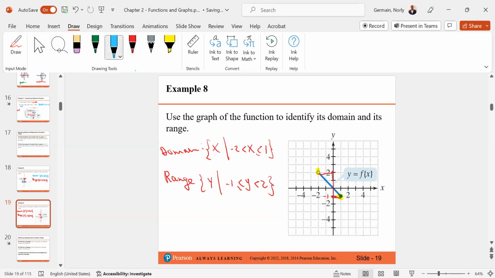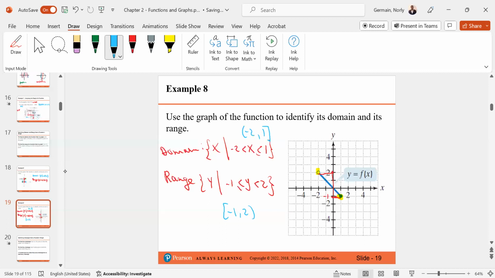If you don't want to write set builder notation, this one right there is -2, 1 for x, and for y it would be -1, 2. That's fine.